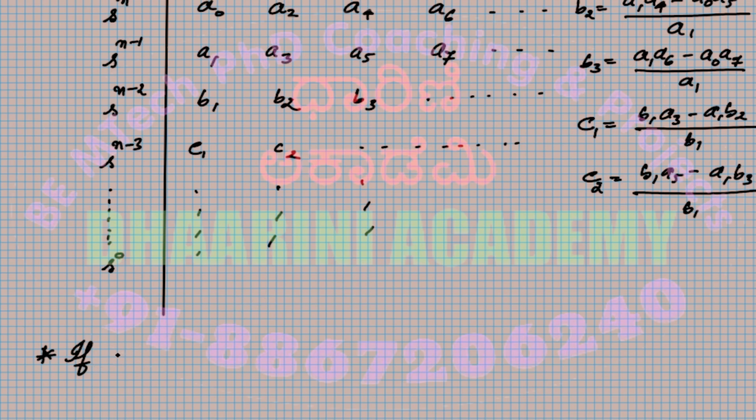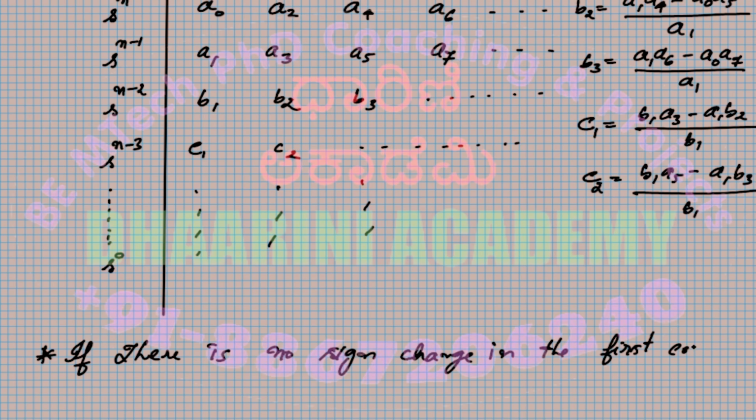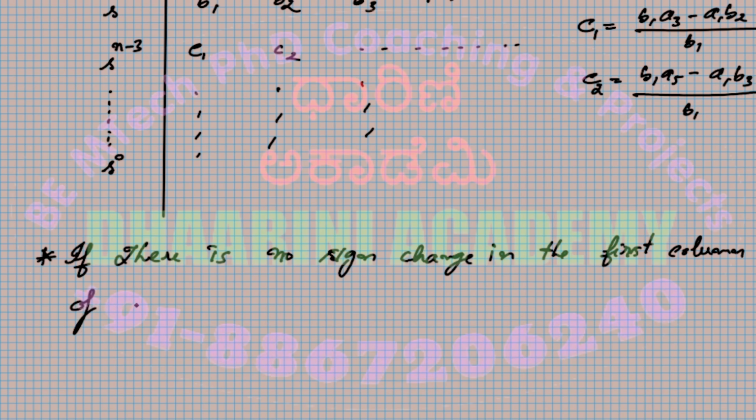If there is no sign change in the first column of the RH table or RH array, this implies the system is stable.